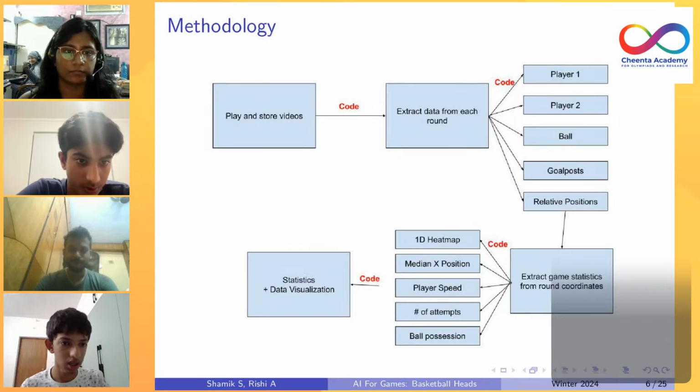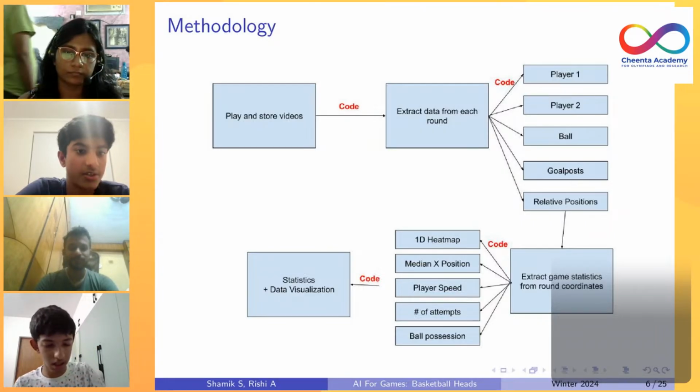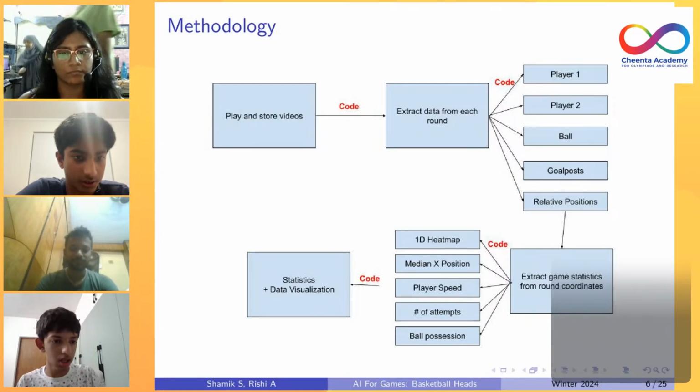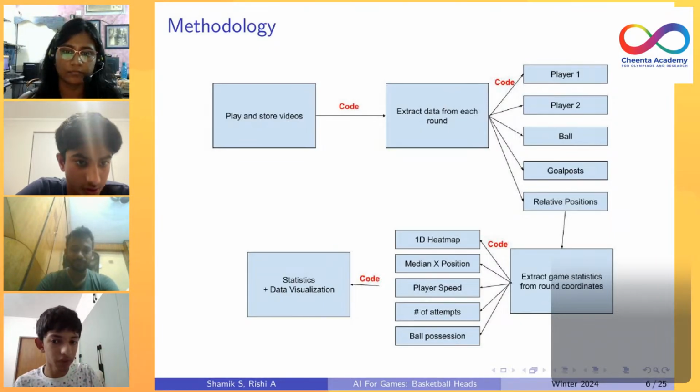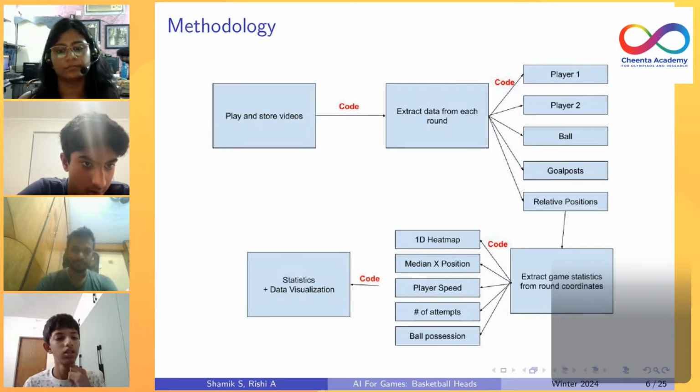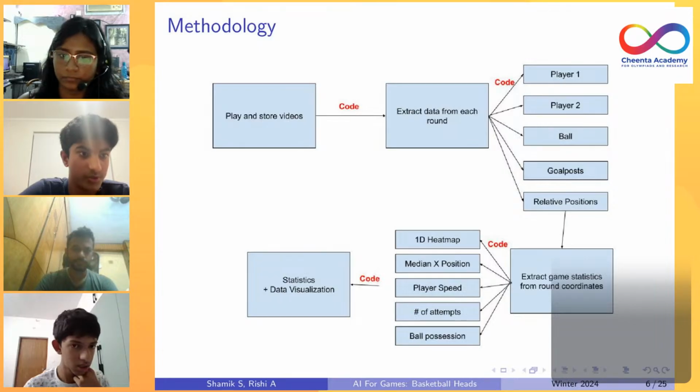Then we would extract the game statistics from round coordinates so that it was more organized data. Using this data, we would use code to create graphs to find patterns. We've used 1D heat maps, median X position, player speed, number of attempts, and ball possession. Then using this, we would code and find statistics and data visualization to come to a conclusion.